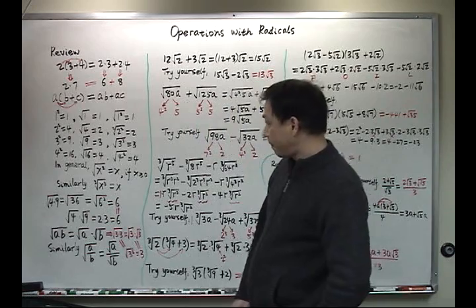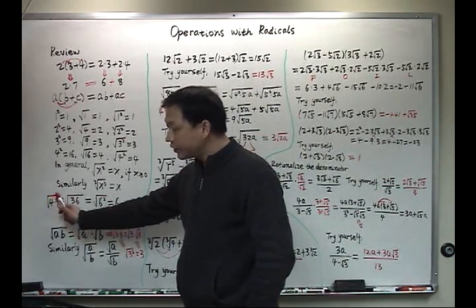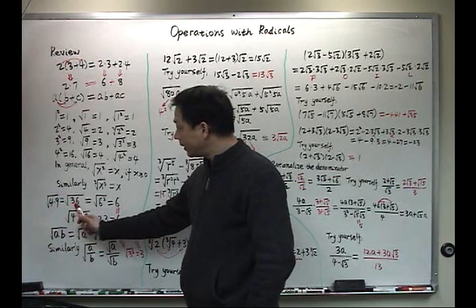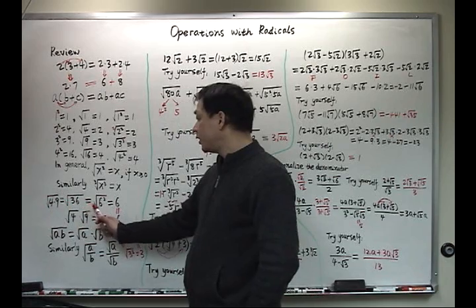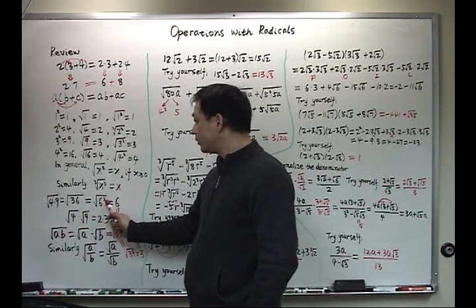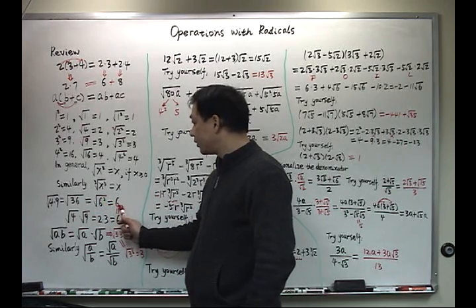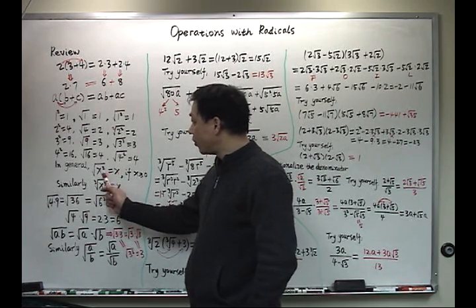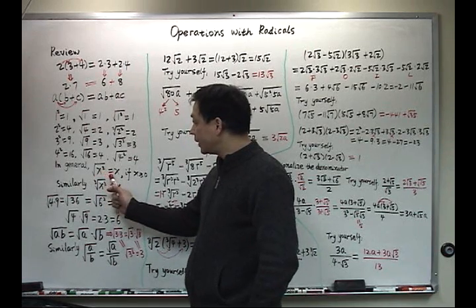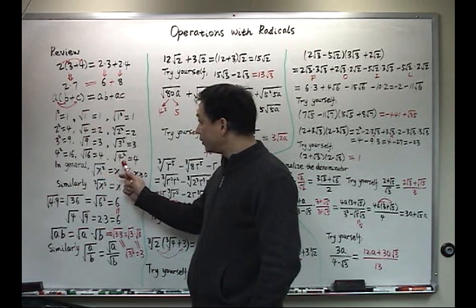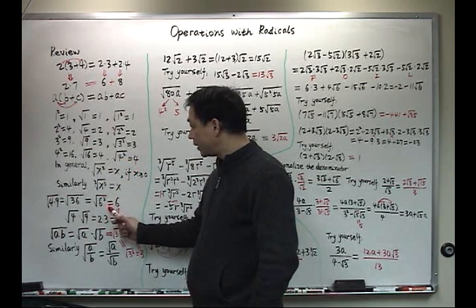Now, we know 4 times 9 inside the radical sign gives us 36. 36 is actually 6 squared, and radical 6 squared is 6 because of the general formula right here. Okay? Radical x squared is x. It's like radical 4 squared is 4. So we have radical 6 squared is 6.